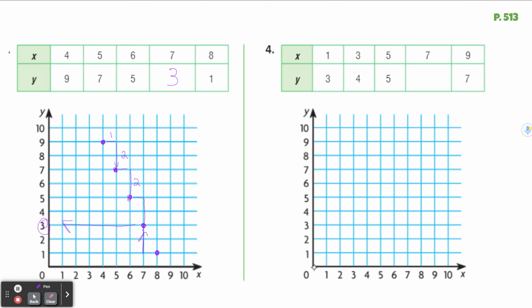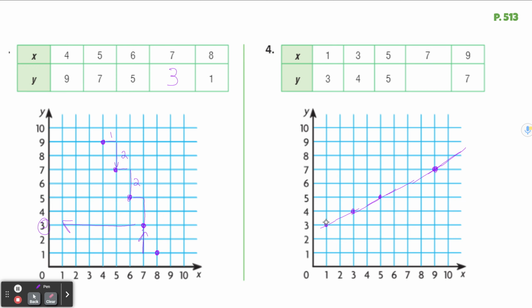All right, so again, we're going to do 1, 3. We're going to graph these. 3 to 4, 5 to 5. We don't know what 7 is, and then we're going to do 9 to 7 right up here. So we can see these go in a line.